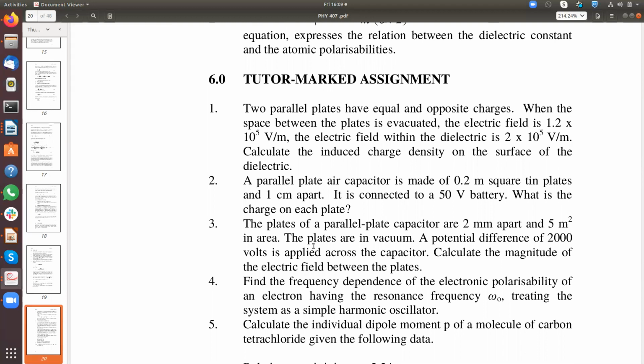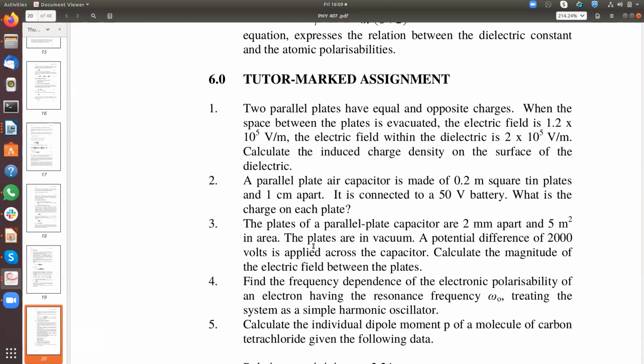But first, try it. The first question here says that two parallel plates have equal and opposite charges. When the space between the plates is evacuated, the electric field is 1.2 times 10 to the power of 5 volts per meter, and the electric field within the dielectric is 2 times 10 to the power of 5 volts per meter. Calculate the induced charge density on the surface of the dielectric.